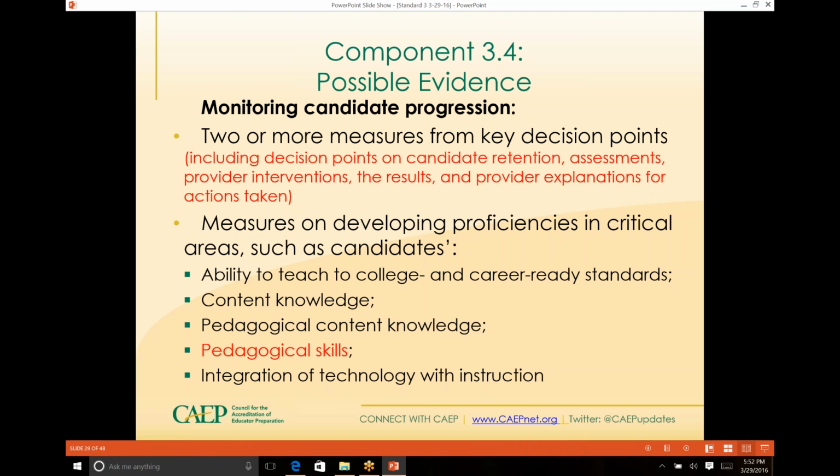Pedagogical content knowledge, CAEP 1.1. Pedagogical skills, CAEP 1.1 and 2.3. And the integration of technology with instruction, CAEP 1.5. So with this particular component, you may not be uploading any new evidence that you haven't already had as a part of the components in Standard 1. And so please make use of cross-tagging when you're uploading evidence.